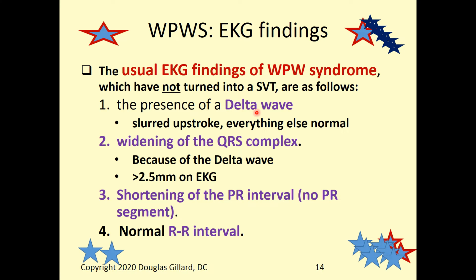Delta wave. Okay, that's going to make a widening of the QRS complex. It'll be 3-4 millimeters, 3-4 little boxes wide in EKG. If that's too wide and the PR segment was taken out by the delta wave, there will be a short PR interval. Probably will be no or a very short PR segment.